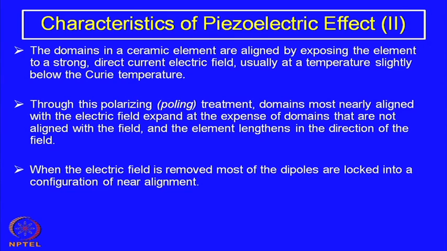I am sorry, one thing you must note, it is not the remnant polarization alone, it is actually the coercive field. So, it needs a high coercive field also to randomize them. So, both the remnant polarization is high as well as the coercive field is also quite high, and therefore, one can retain the alignment.